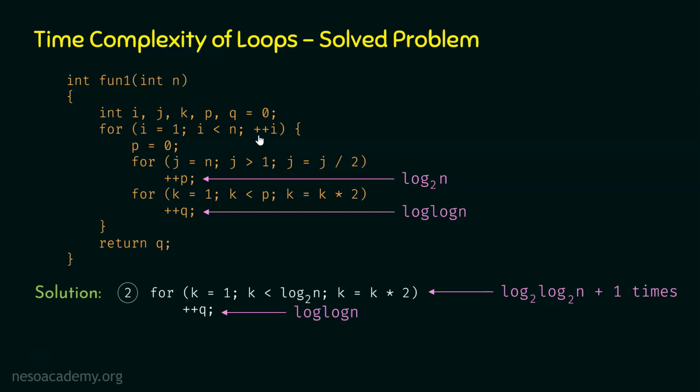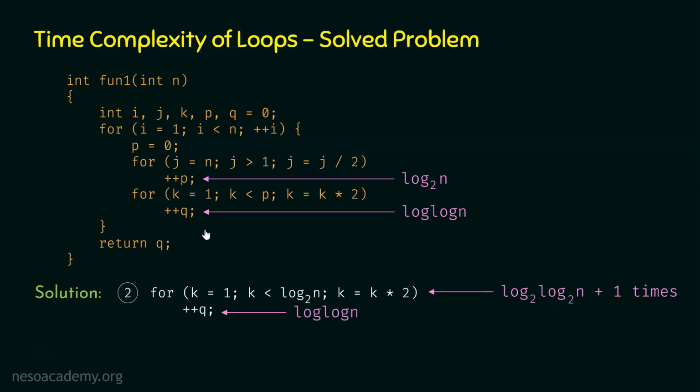Then in the second iteration, the value of i will be 2. This loop body will again execute, and log n will be added to the previous value of q, and it will make it 2 times log n. So in the second iteration of this for loop, we will get q equal to 2 times log n.